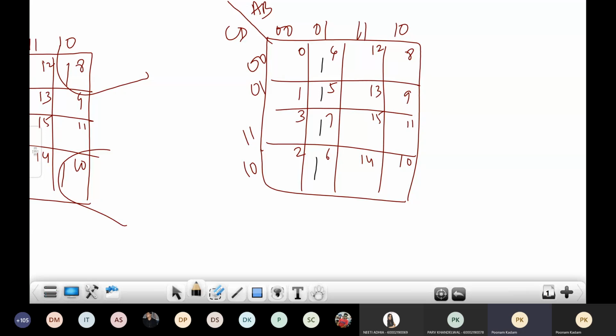How will you group them? All of them can be grouped together, right? If the ones are present at 4, 5, 6, and 7 cells, as I've shown on the board, you see these 4 cells can be grouped together.